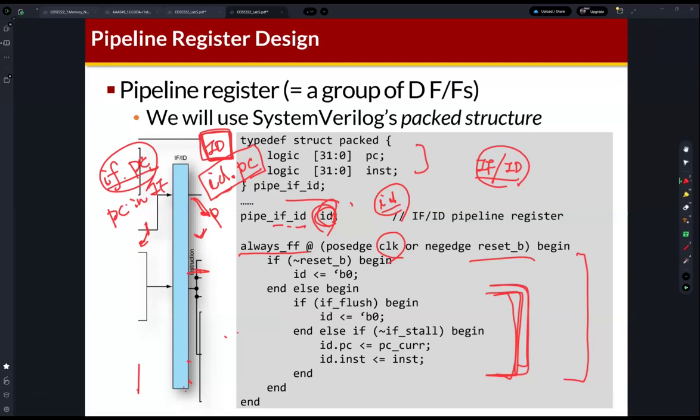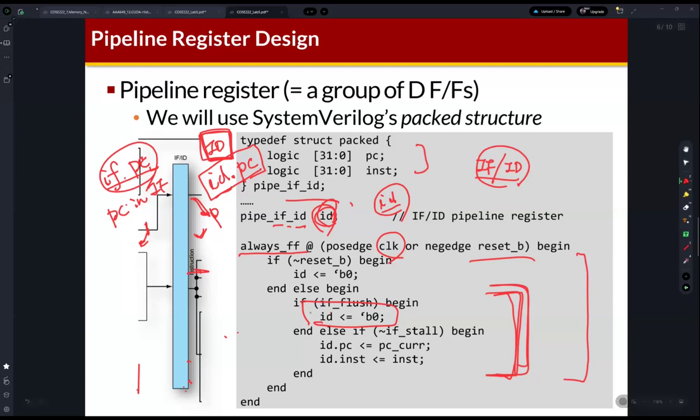Then you can find that this is the instruction fetch of the one flushing. If this flush signal is given, then it's flushed, so all signals become 0. So we learned that in order to make a bubble, we can make all control signals 0, but we can also make all signals 0.